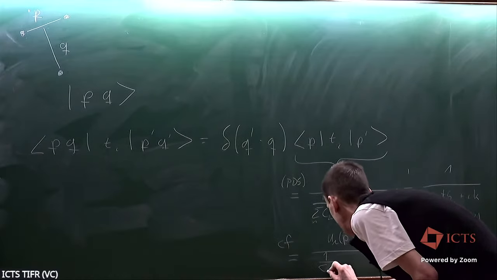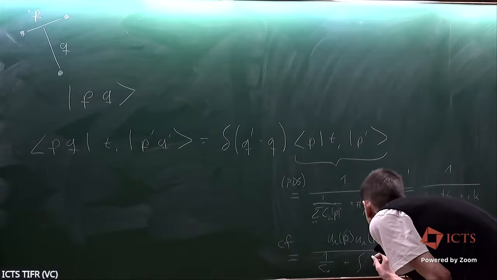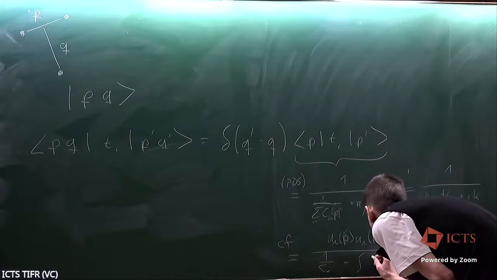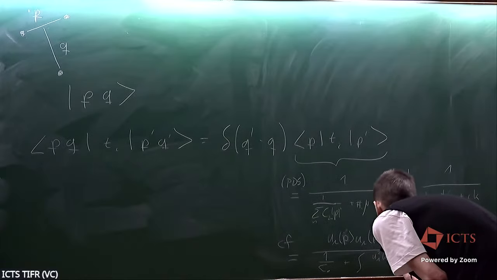So at leading order, this will become lambda squared, integral dq, e to the minus q squared.